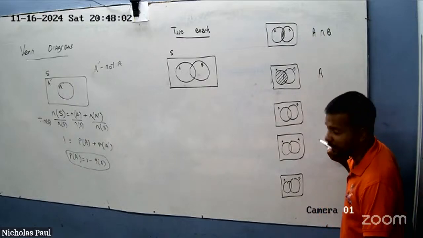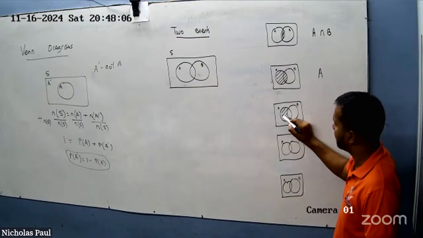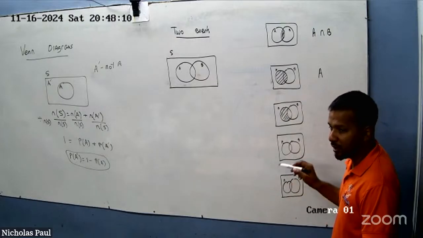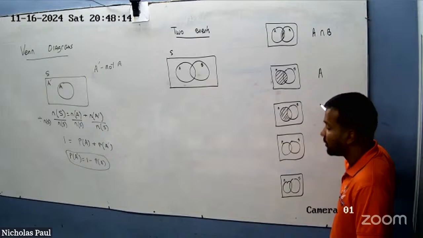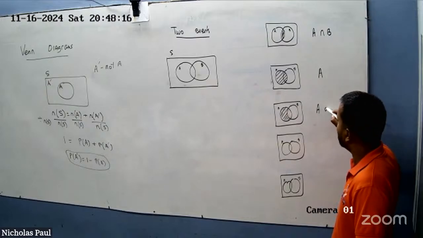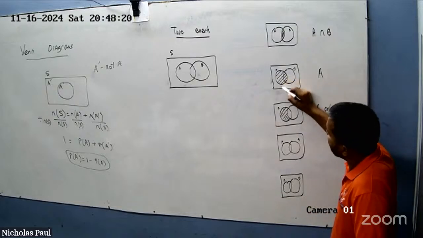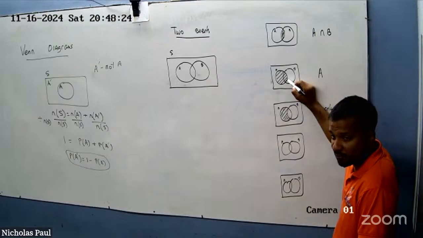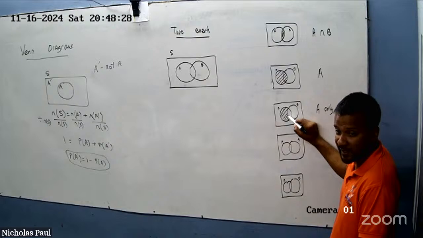What is shaded here? The part of A that is not overlapping B. What do we call it? We call it A only. This is A, but it has some B in it. This is A with nothing else but A in it. Are you okay with that?